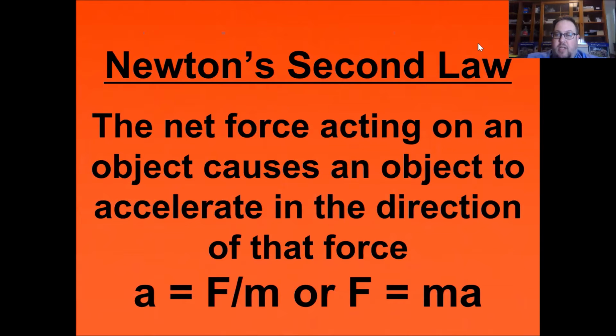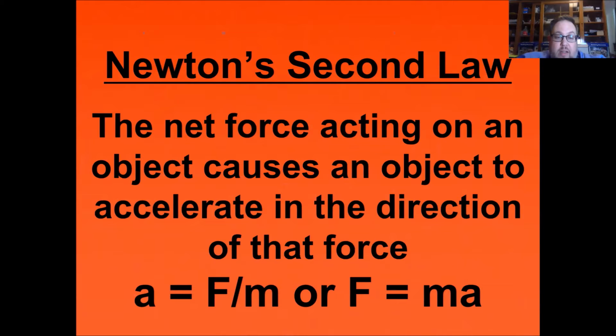So Newton's second law tells us that the net force acting on an object causes the object to accelerate in the direction of that force. Remember, because forces are vectors, they have a direction. Acceleration is a vector, has a direction, right? And it's the change in velocity, which has direction.